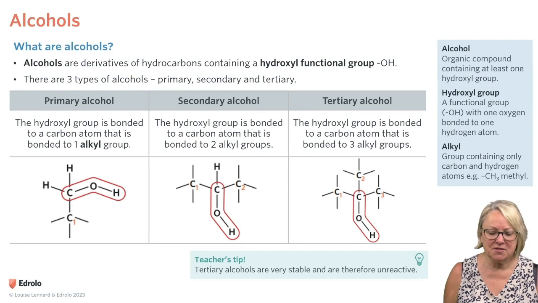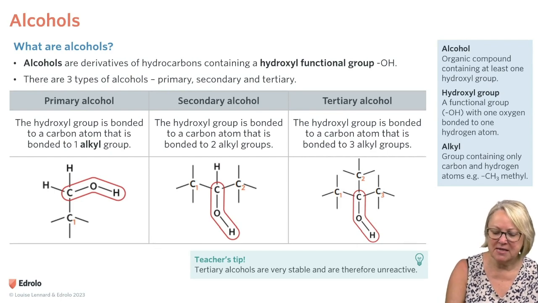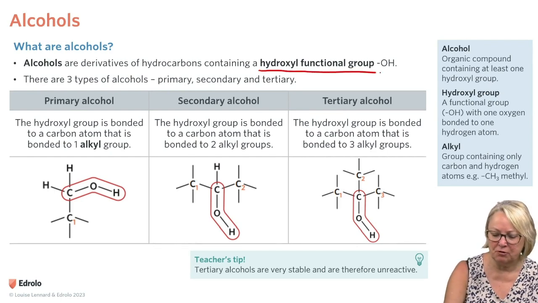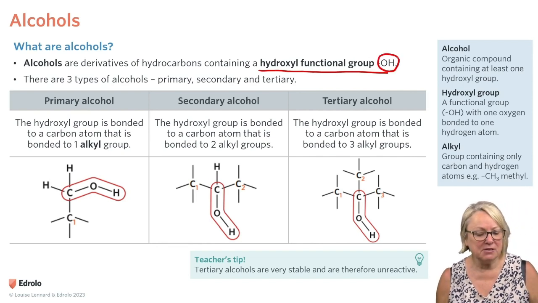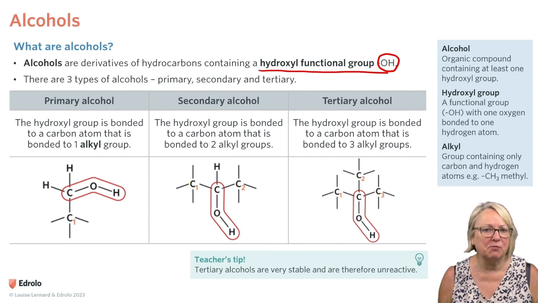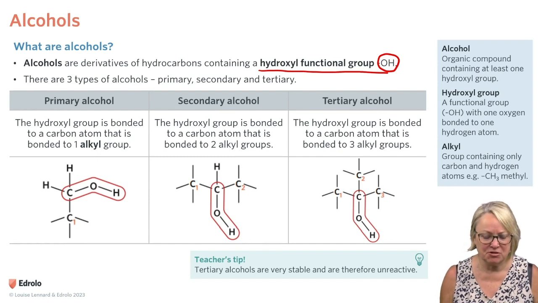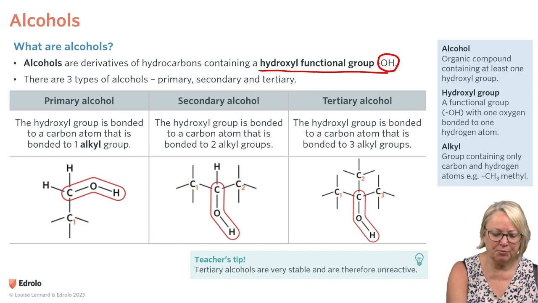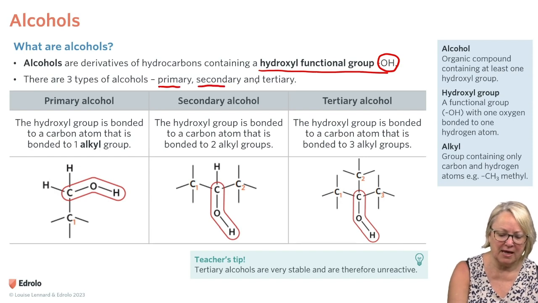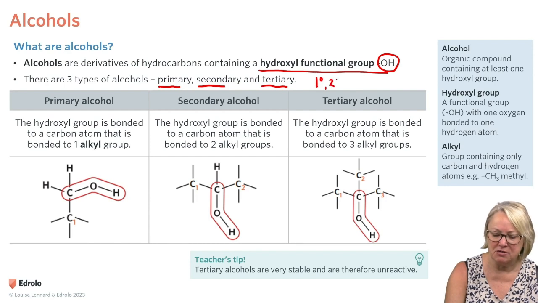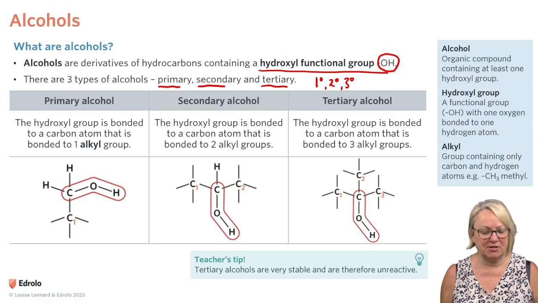Alcohols are derivatives of hydrocarbon that contain a hydroxyl functional group, or an OH group. There are 3 types of alcohols that you need to be aware of in the VCE Chemistry study design: primary, secondary, and tertiary, which are often written as 1 degrees, 2 degrees, 3 degrees.